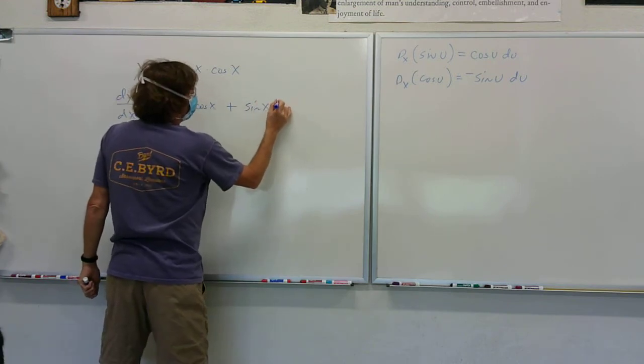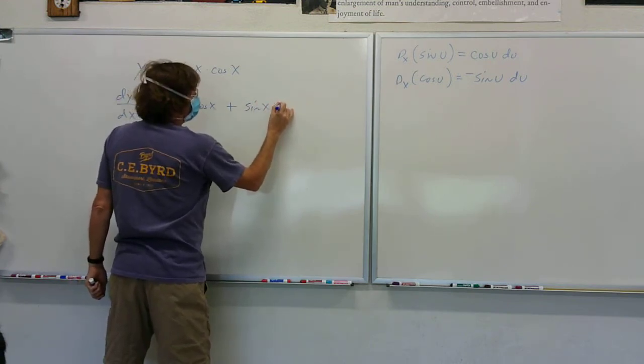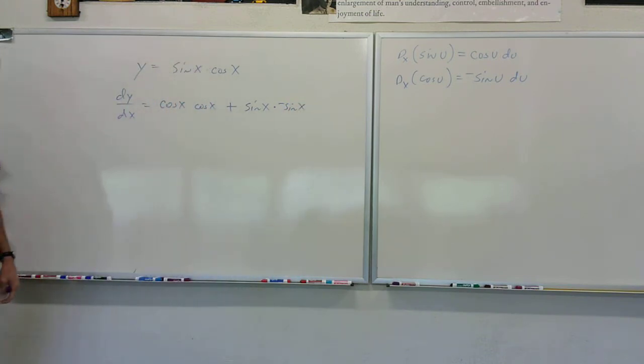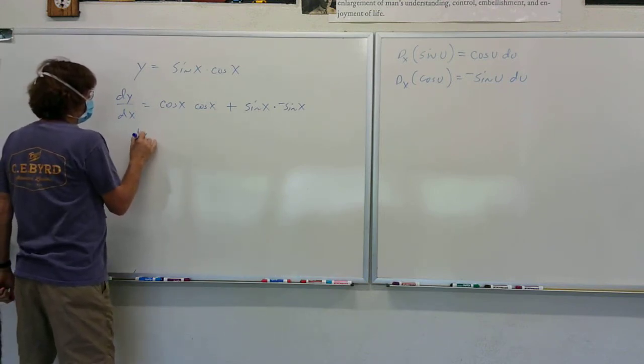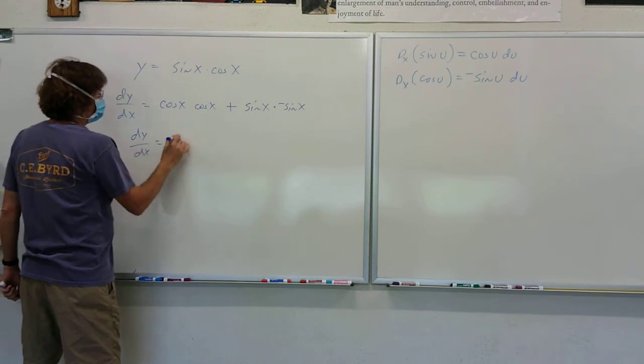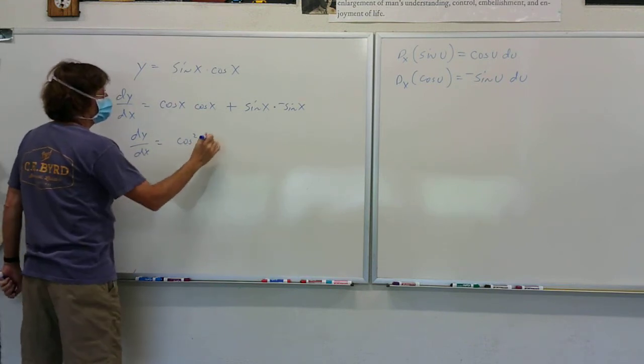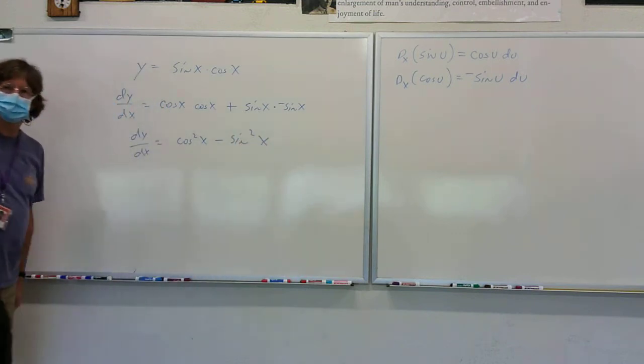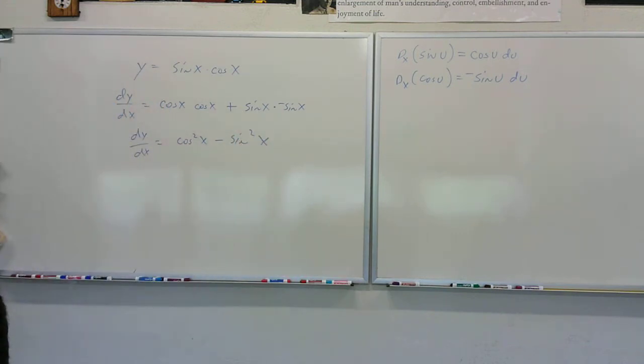And we'll put it times negative sine x. And we're going to simplify that. Is that okay? Cosine squared x minus sine squared x. Fair enough? Pretty cool. That is not how the answer will look in the back of the book.